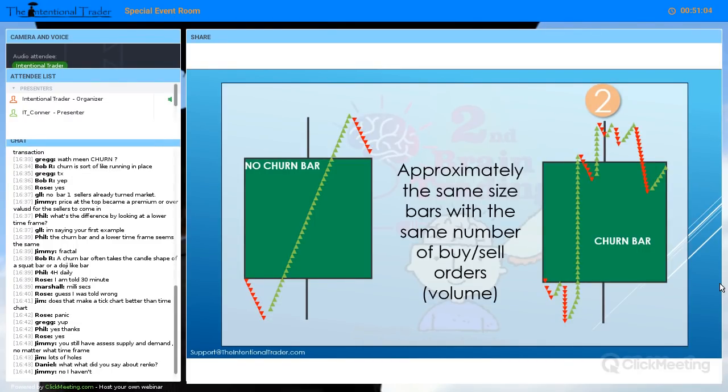What I say about Renko, I hate them. I don't like Renko bars and I don't like range bars because they remove time as a component of trading, and people do that because they make real pretty charts, and they say, well, we're removing the noise from the charts, and the noise is time.